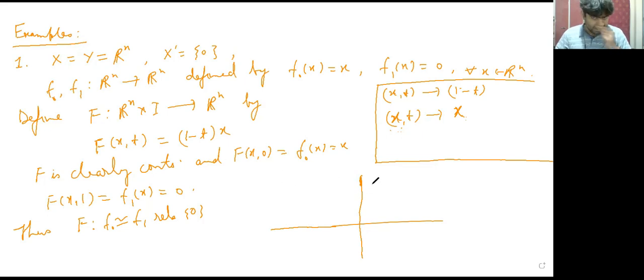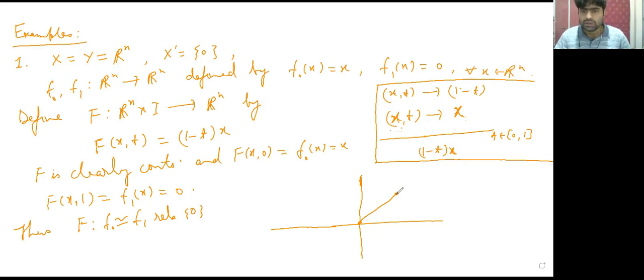Given any point x, what is this (1 minus t) x? When t varies between 0 and 1, this (1 minus t) x represents the line segment joining x and the origin 0, right?